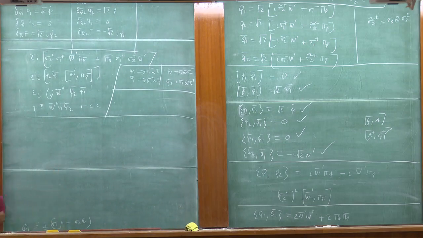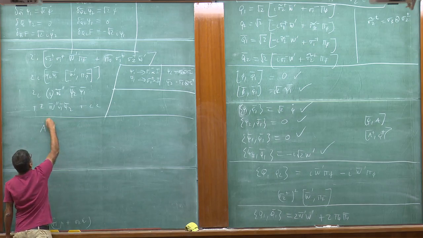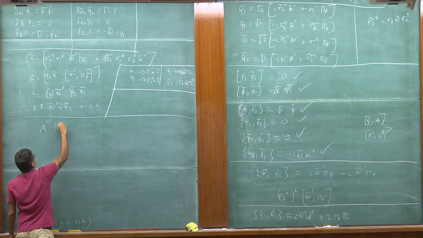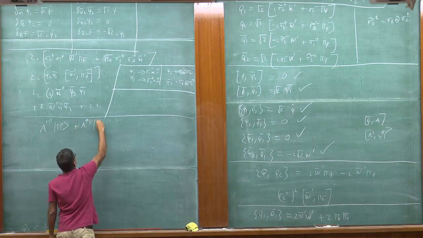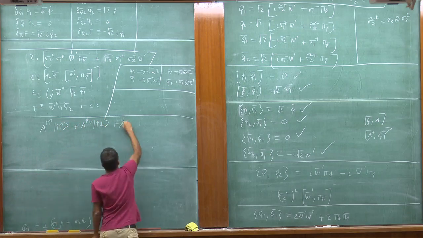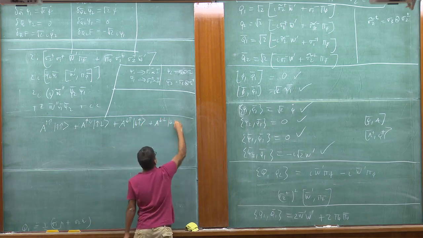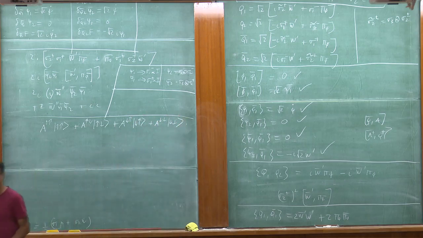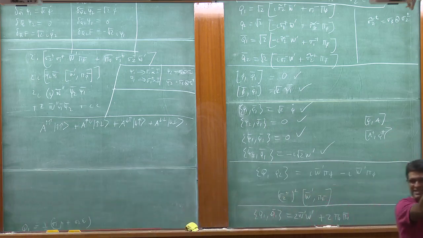Okay, so let us suppose that our supersymmetric ground state was A up, up, up, up, plus A up, down, up, down, plus A down, up, down, up, plus A down, down, down, down. You understand what I mean, right? Up and down are in these two different spaces, the tensor product space that's giving us our 4-component thing.